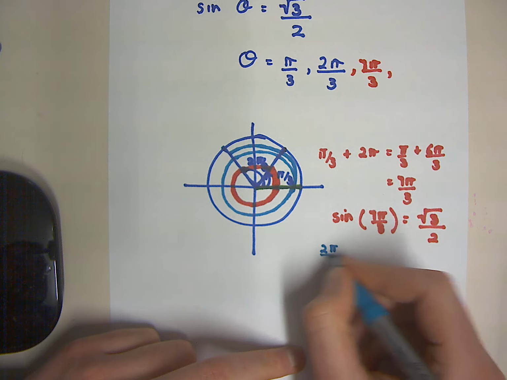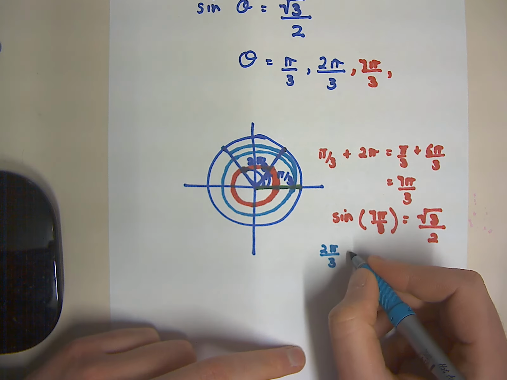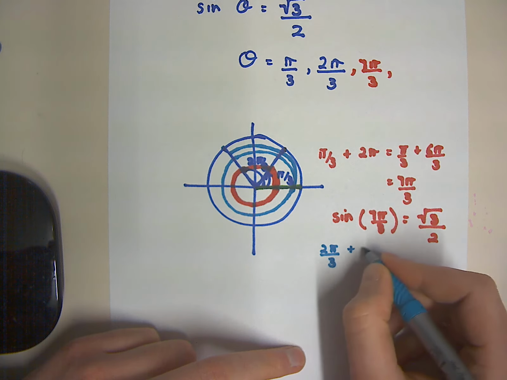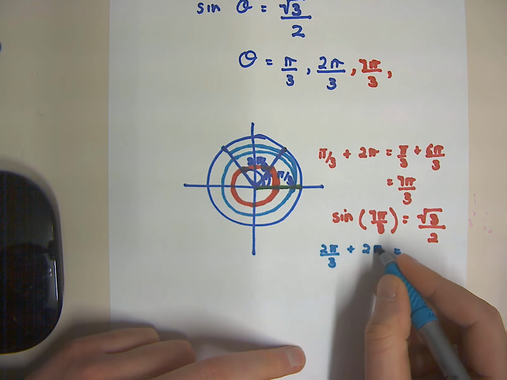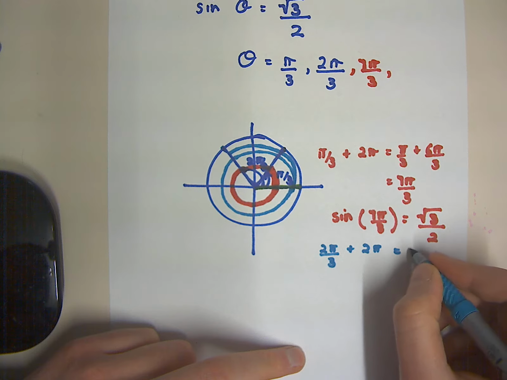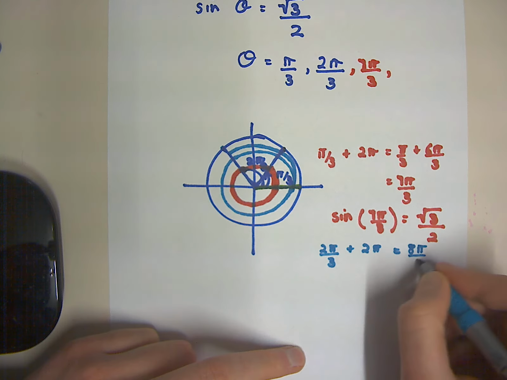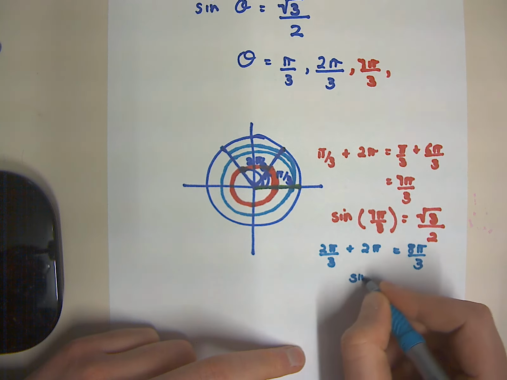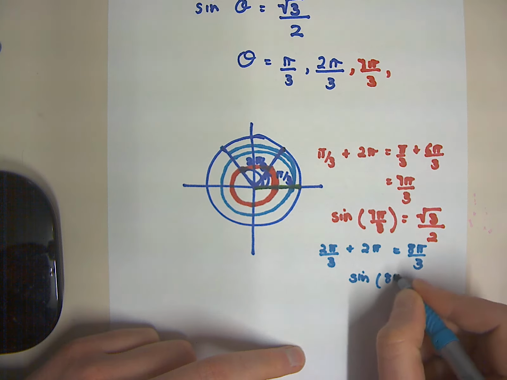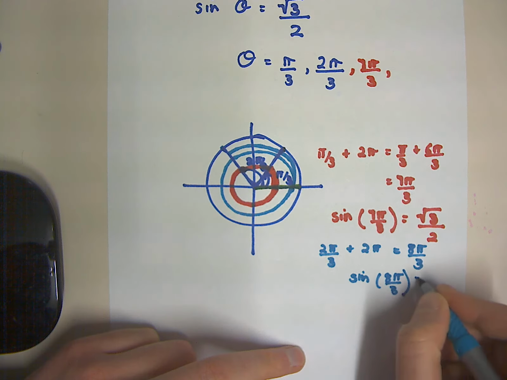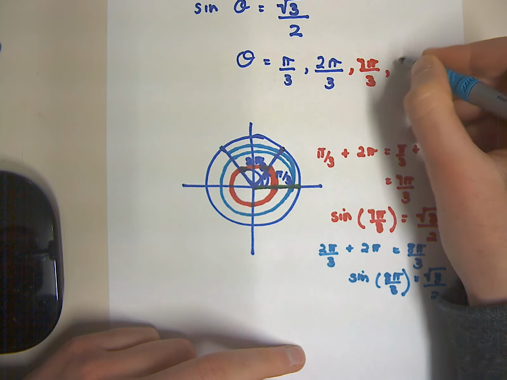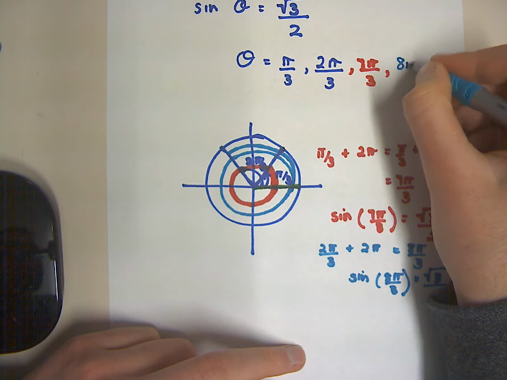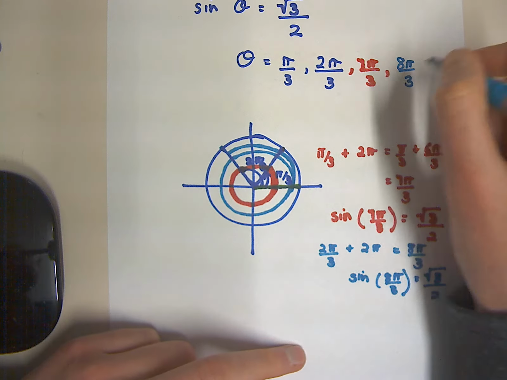Now in this case, it's just one revolution on from 2 pi on 3, so it's 2 pi on 3 plus 2 pi, which is 2 pi on 3 plus 6 pi on 3, so that's 8 pi on 3. So sine 8 pi on 3 is root 3 on 2 as well. So if I'm going to have all the solutions, 8 pi on 3 has to be included.